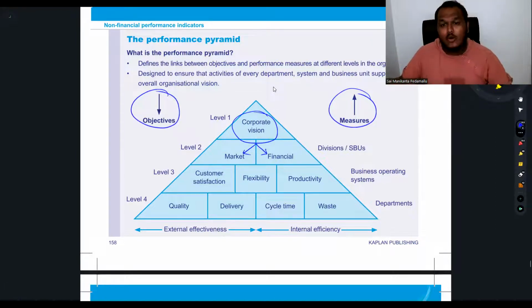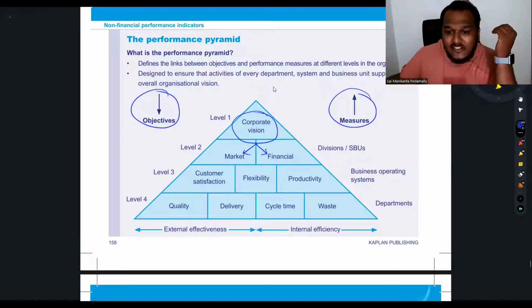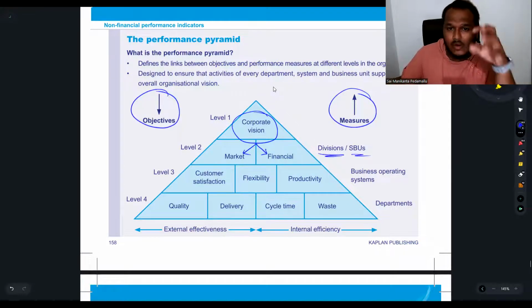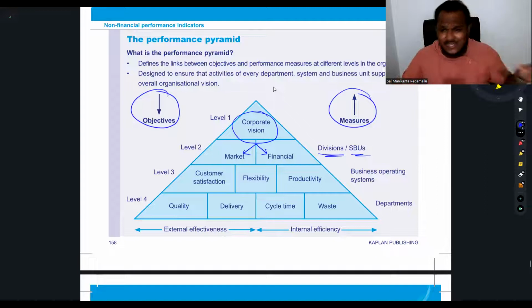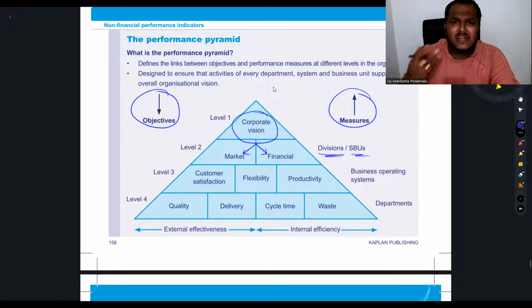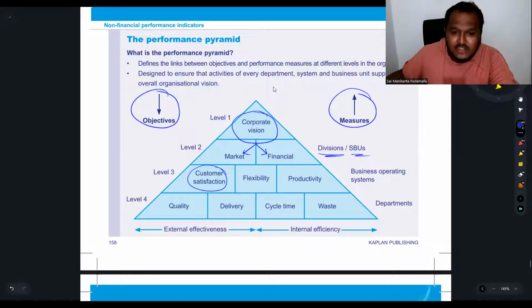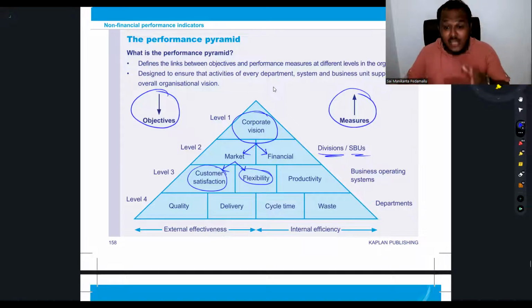So market oriented is basically at a division level or SBU level, right? Each market is usually a separate division. And then the market targets like your market share, market growth, etc. They depend upon the customer satisfaction and the flexibility of your product. So you can capture more market share if more customers are satisfied. You can capture more market share if you can flexibly make your product.